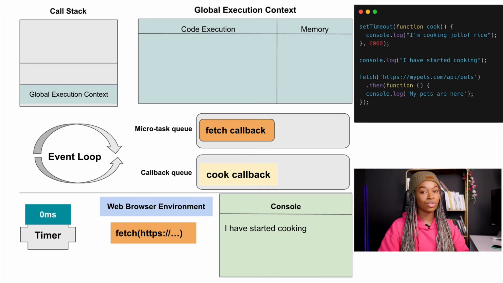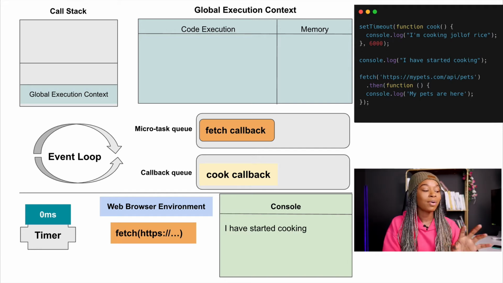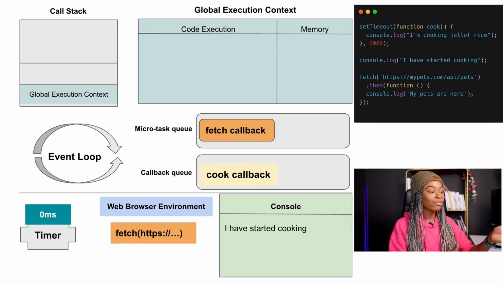So we have these two queues, the microtask queue and the callback queue. But the microtask queue here has a high priority, right? So callback functions that are inside the microtask queue will be executed first. They will be executed before callbacks that are added to the callback queue.